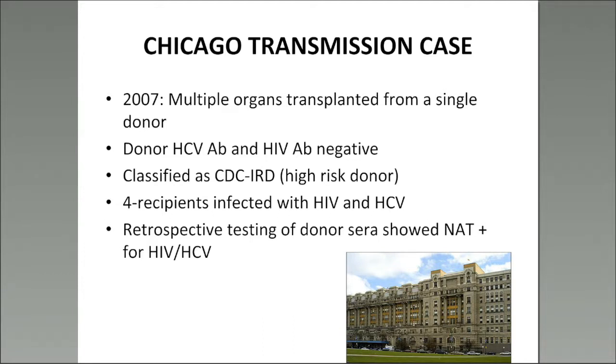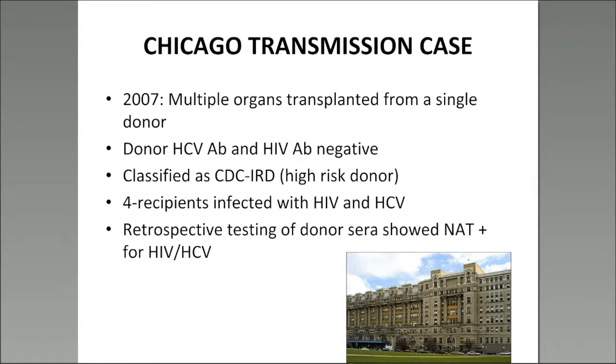I just want to highlight a couple of notable cases of transmission. This is one that occurred in Chicago, and it was probably the most highly publicized of the transmission events. Multiple organs were transplanted from a single donor, and the donor was a high-risk donor.